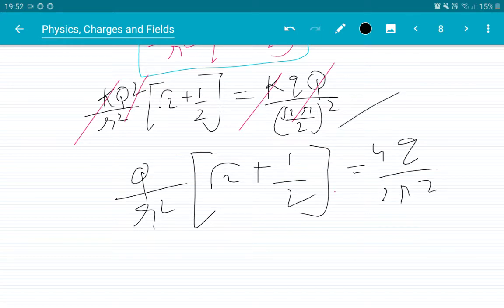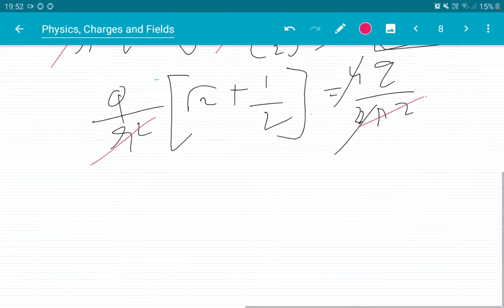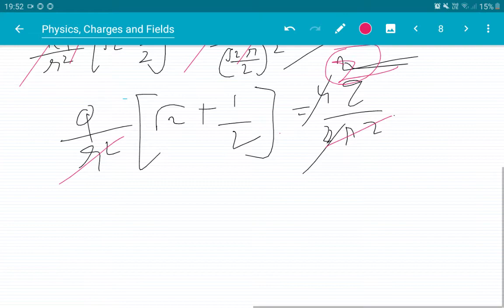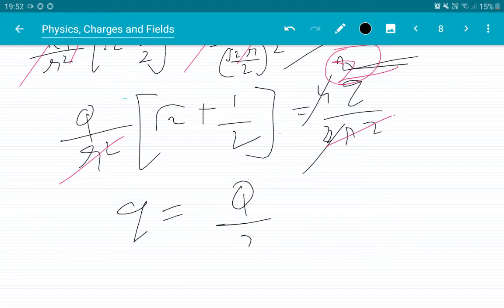By simplifying this, 2 cancels, and r square we can cancel out. Now what is left with us? Here we have 2, we'll send it this side, so then small q is equal to Q by 2 times root 2 plus 1 by 2.